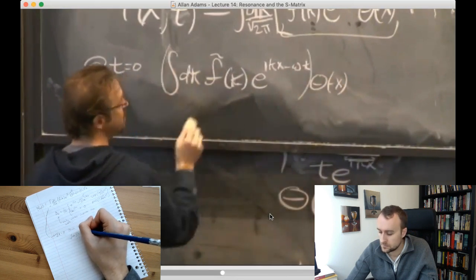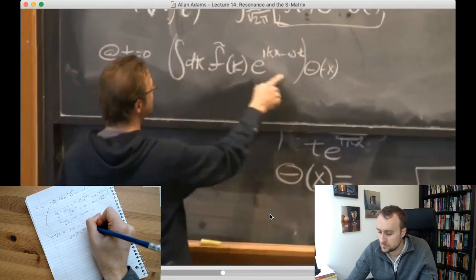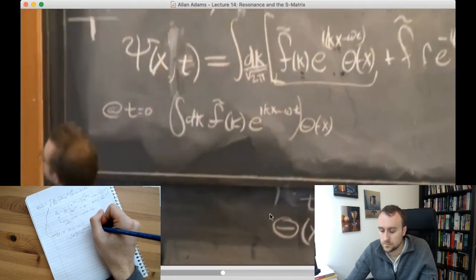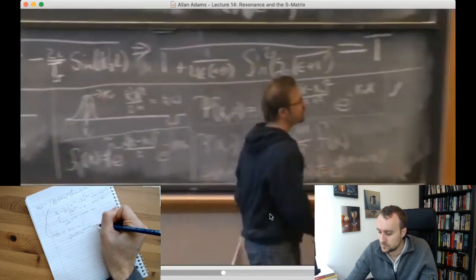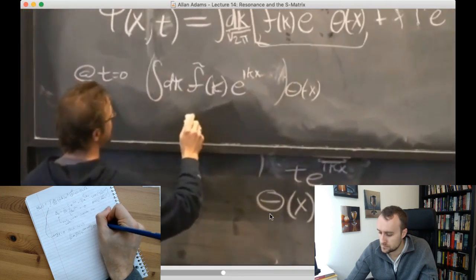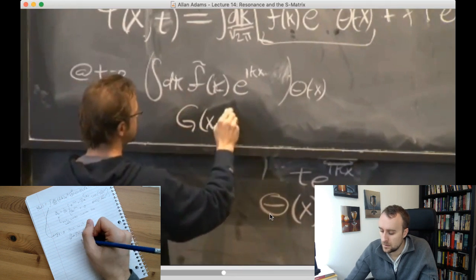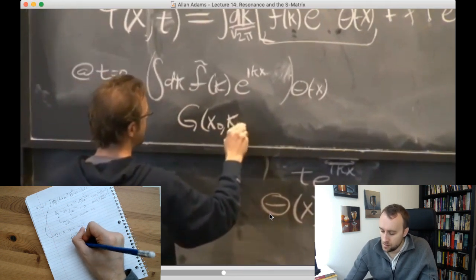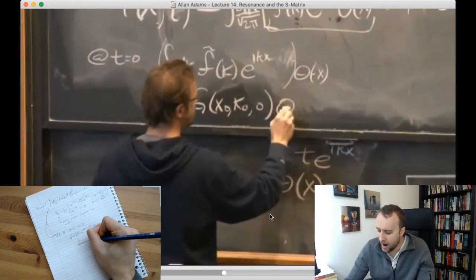So this is just a function times theta of minus x, and this function was constructed to give us the initial Gaussian at t equals 0. So this is just our Gaussian at position x naught, centered around value k naught, times theta of minus x.